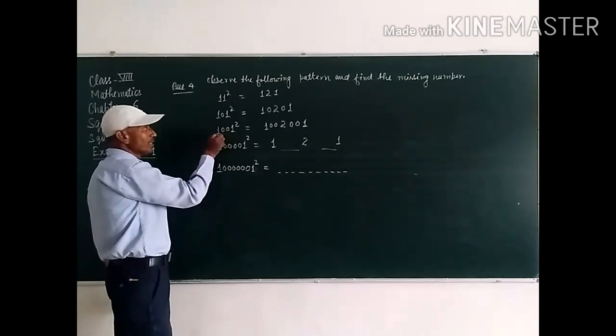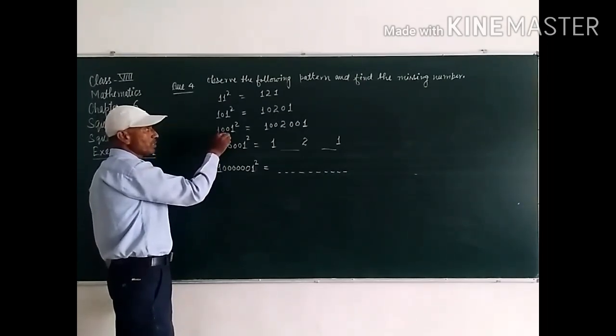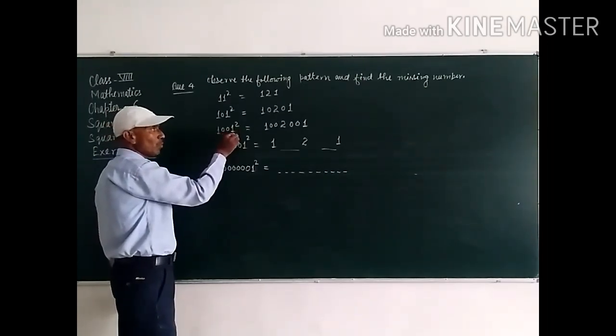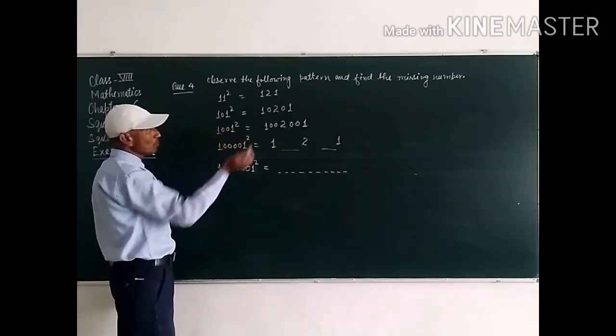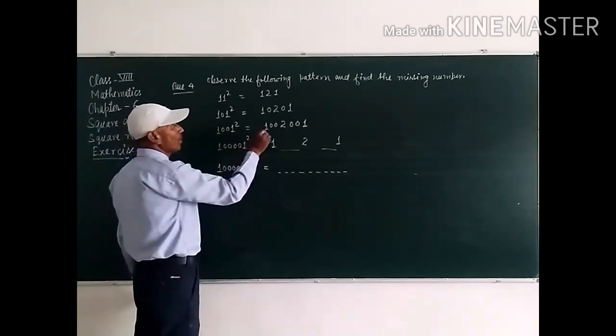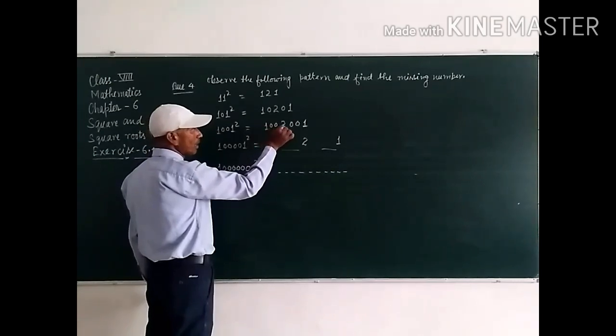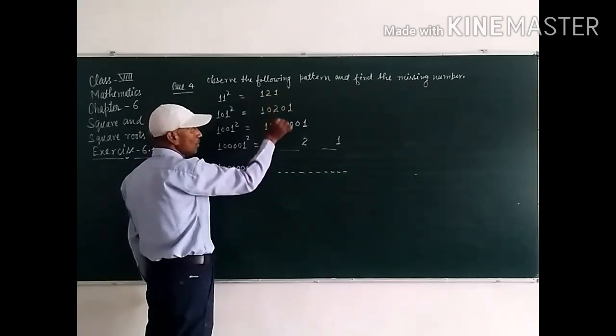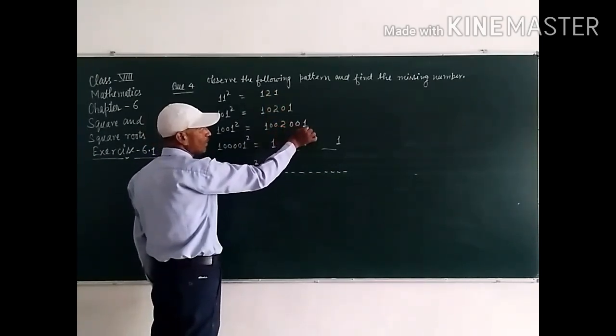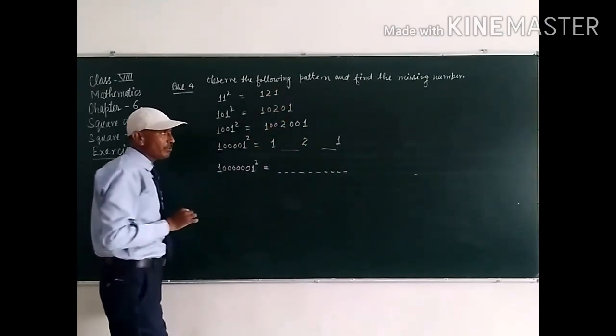It means this number 1 followed by 2 0, after that there is 1. So in the square of this number, 1 followed by 2 0, after that 2 followed by 2 0, after that 1. Clear, student?